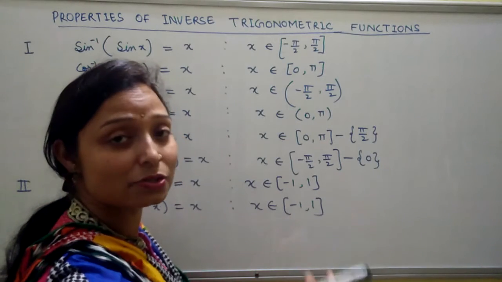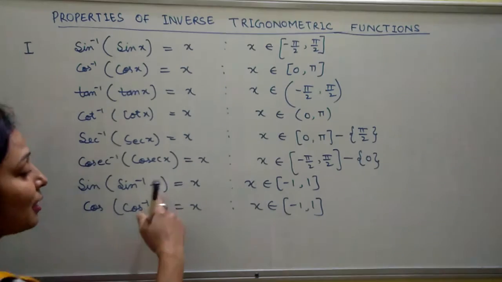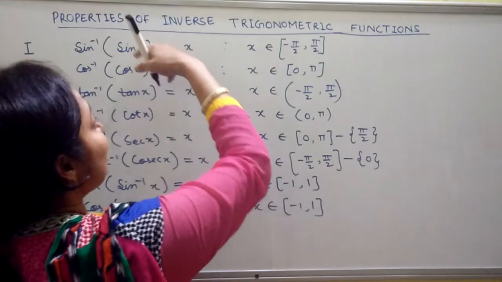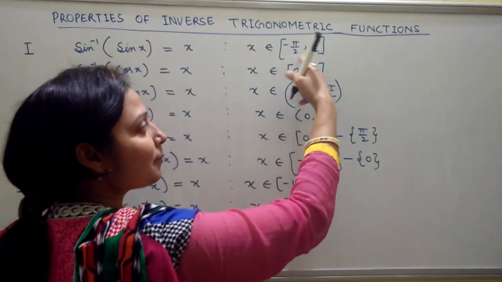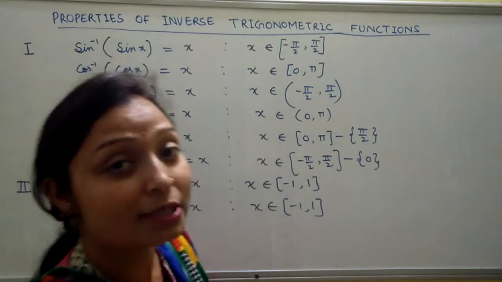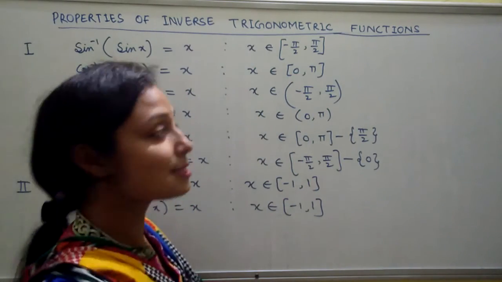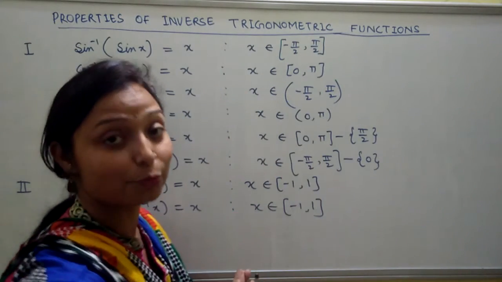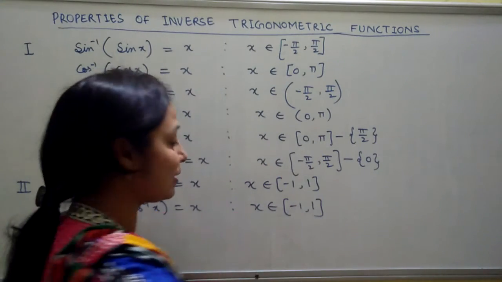These are the domains of inverse trigonometric function. This value should lie between minus 1 to 1, and in this case this value should lie between minus pi by 2 to pi by 2. Otherwise this property is not applied in questions. You have to see about that condition which is given to you. You have to check the range and domains.